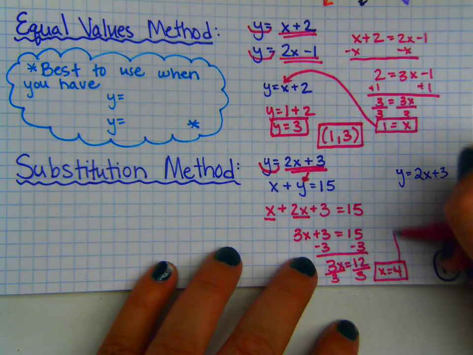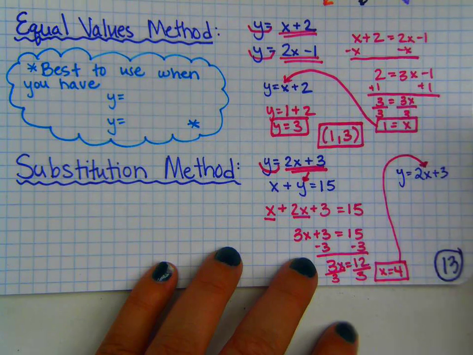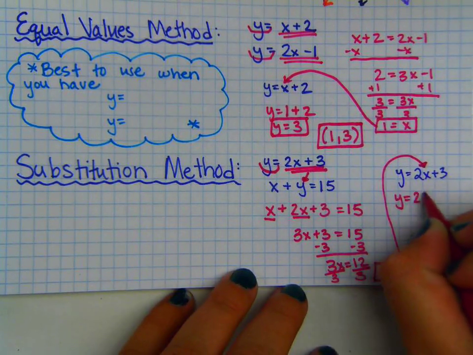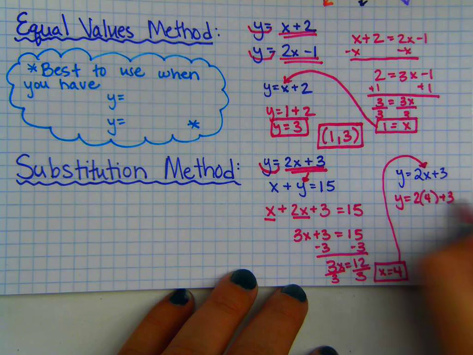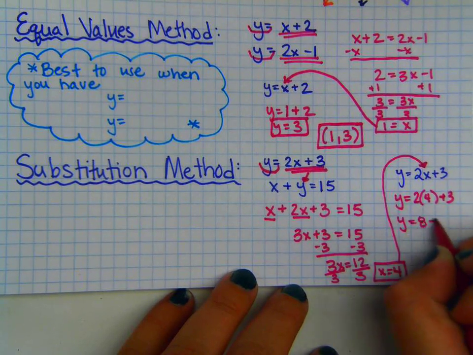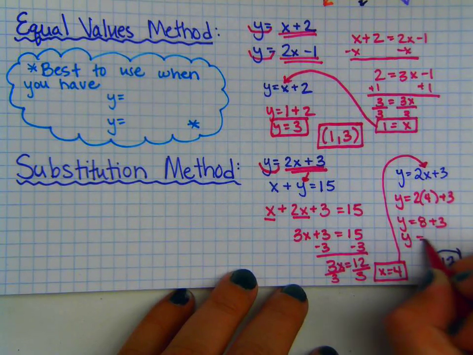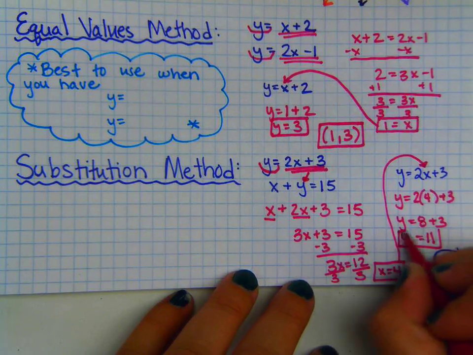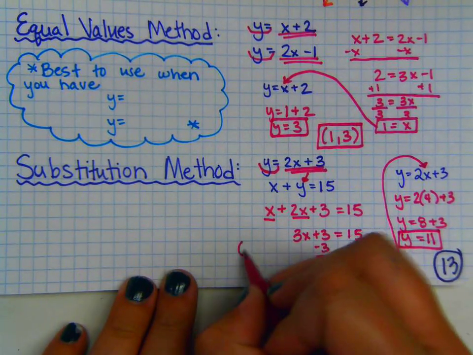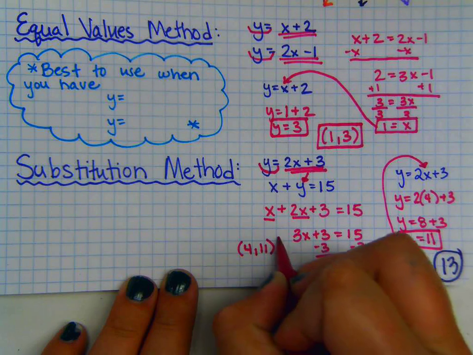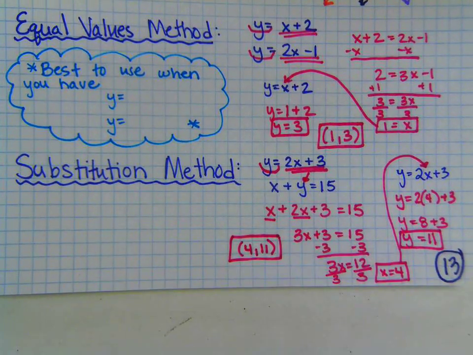So I'm going to plug in 4. That'll be y equals 2 times 4 plus 3. Y equals 8 plus 3, which means y equals 11, which means our answer is 4, 11, written as a point.